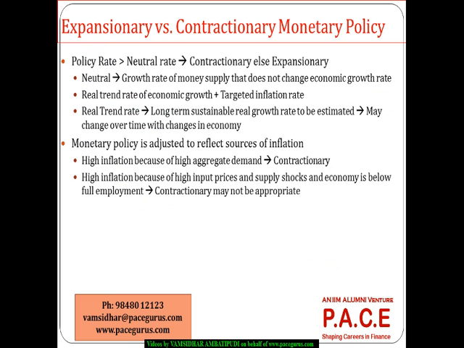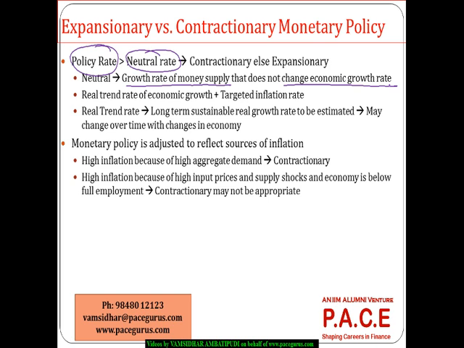And whenever we are talking about expansionary policy, see, any policy rate, if it is more than the neutral rate. What is this neutral rate? It is the growth rate of the money supply that does not change the economic growth. Economic growth is not volatile; it does not increase or decrease beyond a certain point.